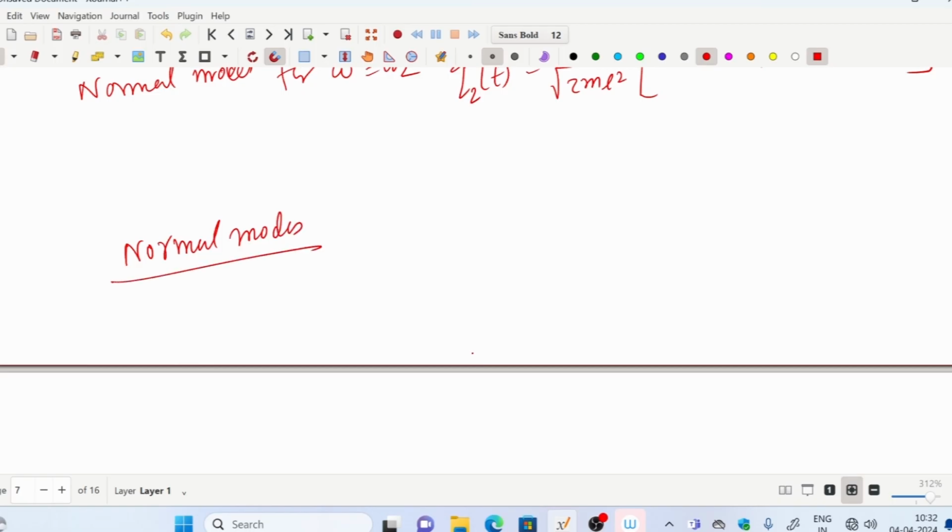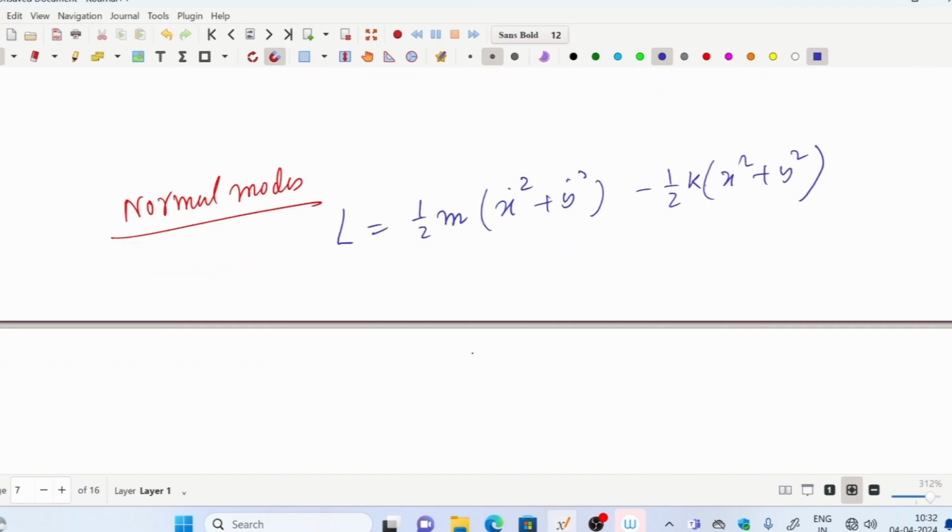Suppose you have a Lagrangian of this kind: half m (x dot square plus y dot square) minus half k (x square plus y square). We know this is a two-dimensional decoupled simple harmonic oscillator.